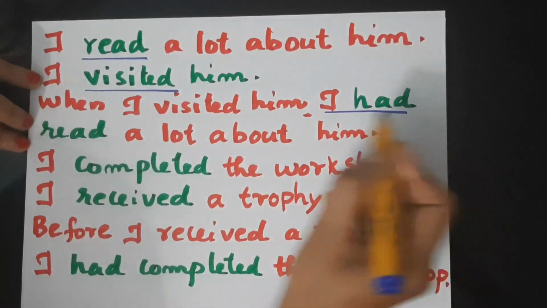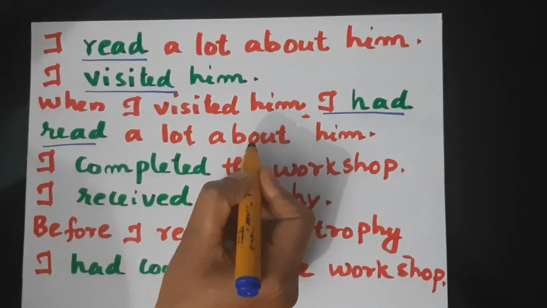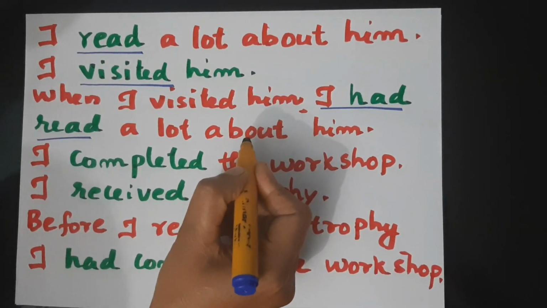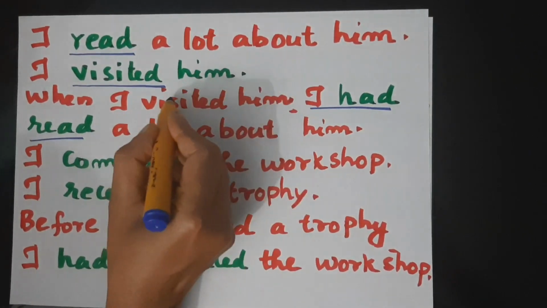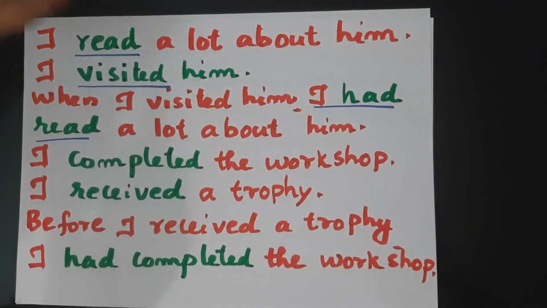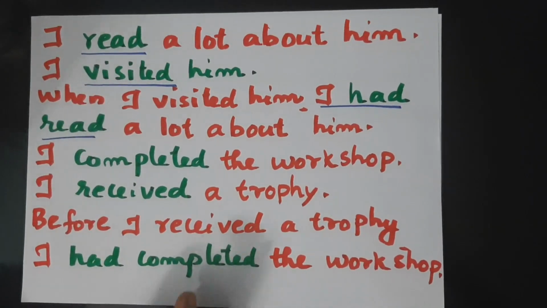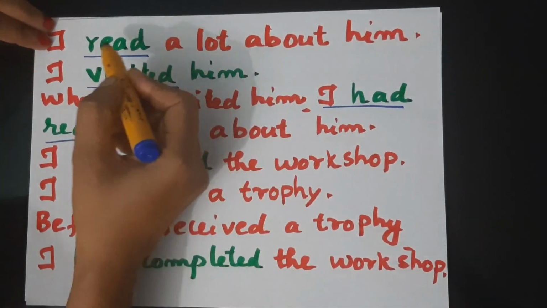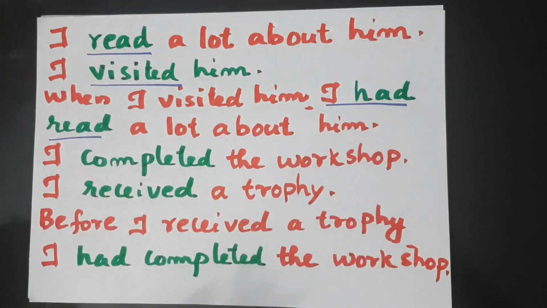I had read a lot about him. This is the first completed action. After reading a lot about him only, I visited him. So for the first completed action, we have used past perfect here. Now you understood how two past actions are converted to past perfect.